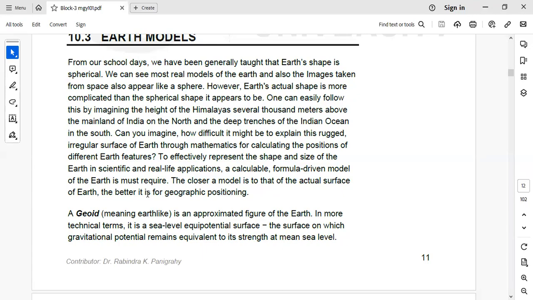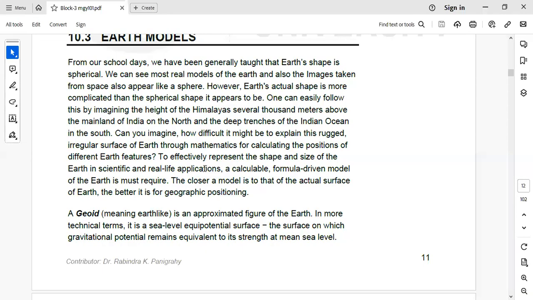So there are many models which are used to represent the surface of the Earth. Among them, one is the geoid.